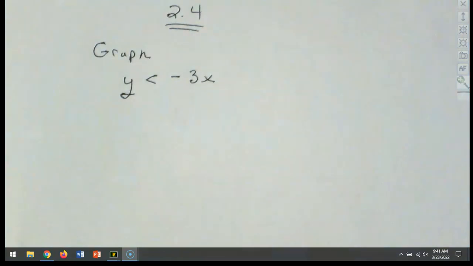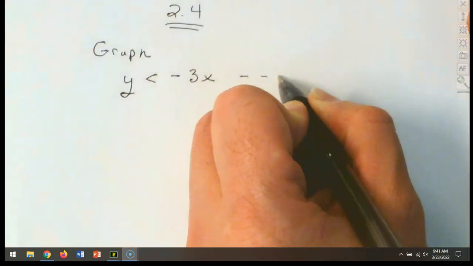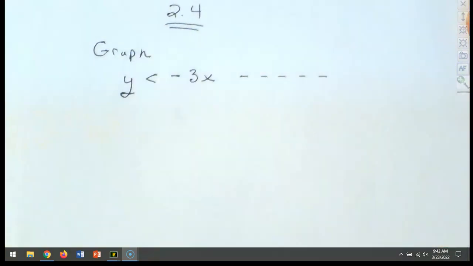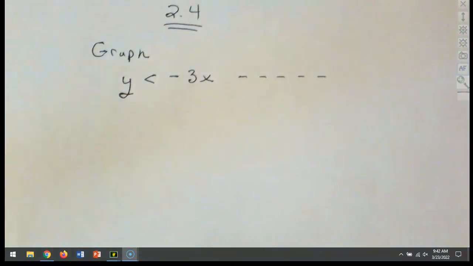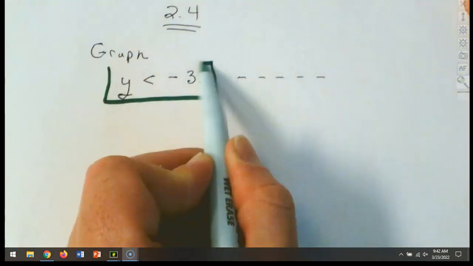So y is going to be strictly less than a minus 3x. So the first thing we identify, of course, is the fact that this line is going to be dotted. And that's our original. So we'll put a box around it so we don't accidentally lose it.